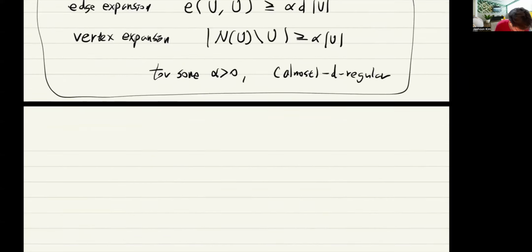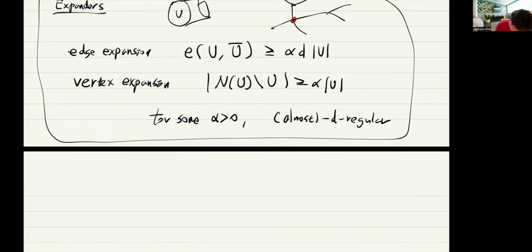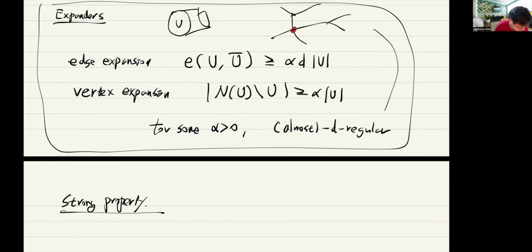But one weak point is that this is quite a strong property. If you consider an arbitrary graph, usually the graphs that we consider could be arbitrary, not really friendly to us. Those graphs might not satisfy this kind of strong property.